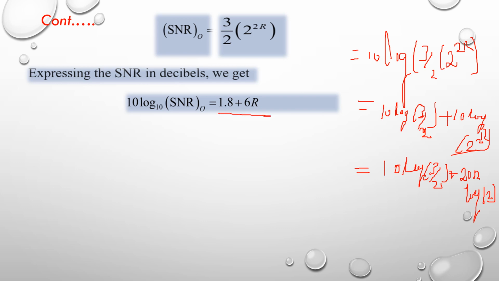So 1.8 plus 6R is exactly 3 by 2 into 2 to the power 2R expressed in terms of decibel.